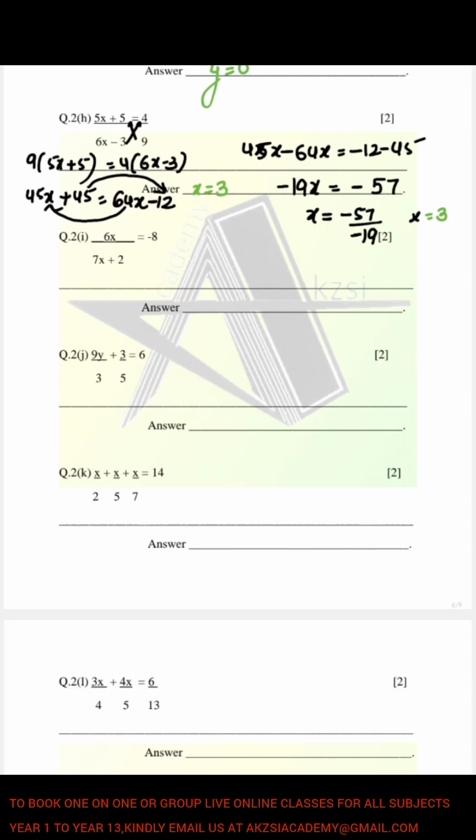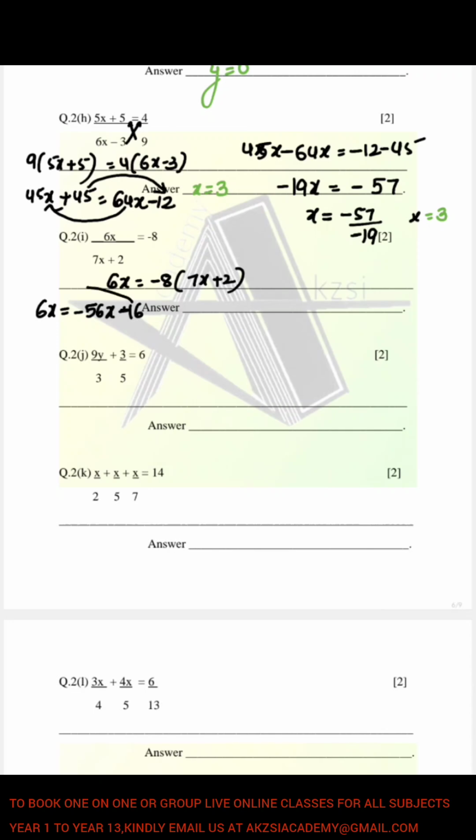Now here, multiplying both the sides by 7x plus 2 or cross multiplying, I will get my answer as 6x equals negative 8 times 7x plus 2. 6x equals 8 times 7 is negative 56x plus minus 8 into 2 is minus 16.